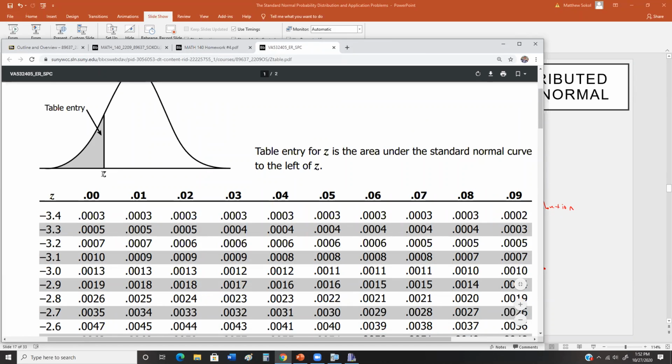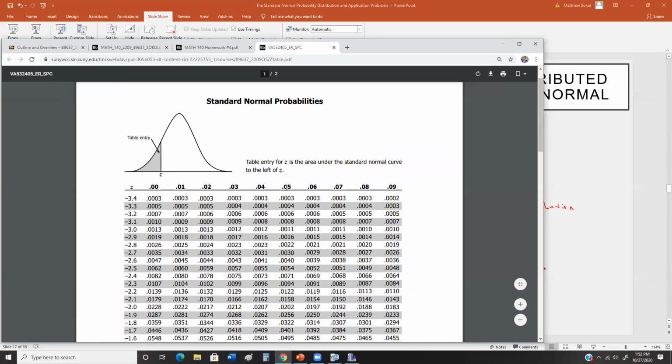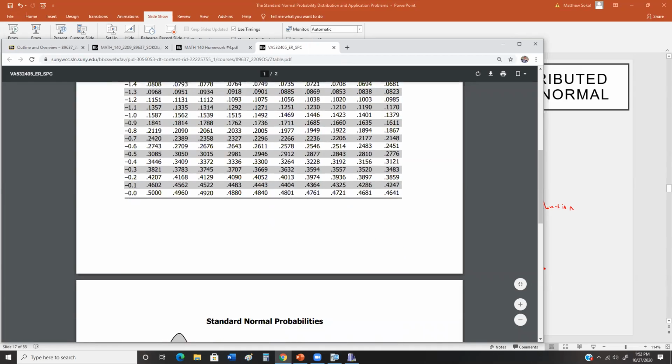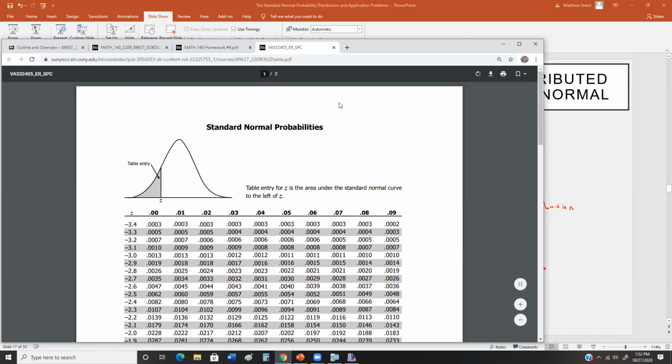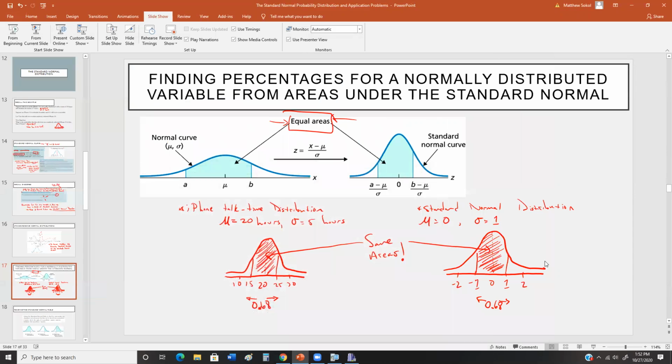Yeah. This table gives area on the standard normal curve. There are two sides to this table. I'm going to show you how to read the standard normal area when we get back from break. And if you can find this area, you can find this area for any curve.